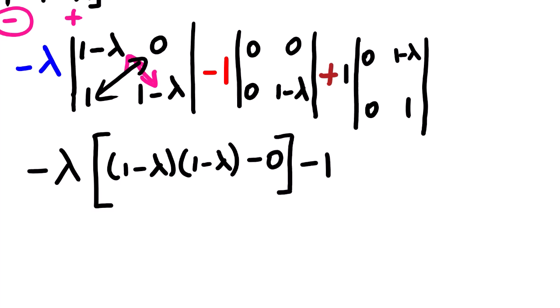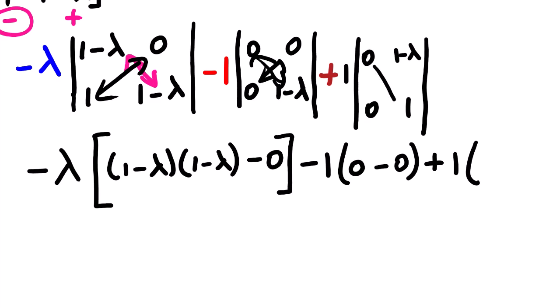Minus 1, 0 multiplied by this, we are going to have 0, minus 0 multiplied by 0, it's 0. Plus 1 multiplied by 0, it's 0, minus 0 multiplied by 1 minus lambda, it's 0.